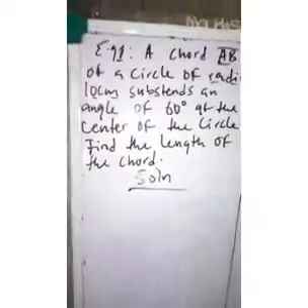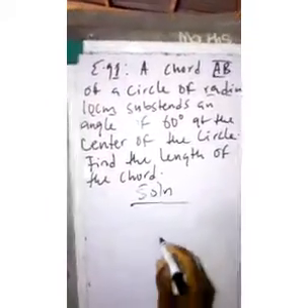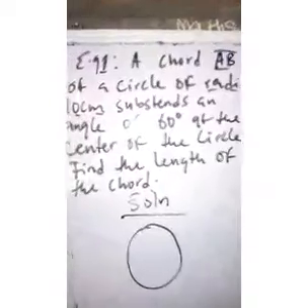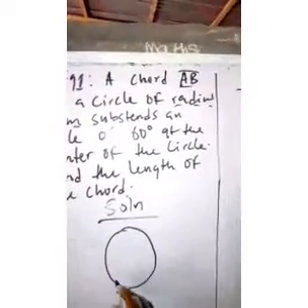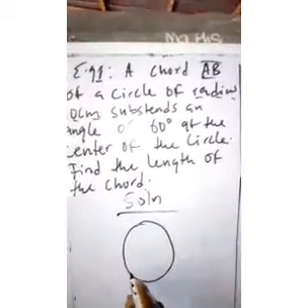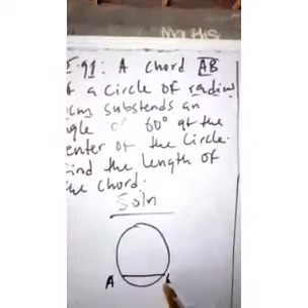Solution. Now look at what you're going to do. A chord AB of a circle. Draw the circle first. Now a chord AB, your chord can be represented anywhere you like, up or down, but mostly we represent it down. Draw a chord AB.